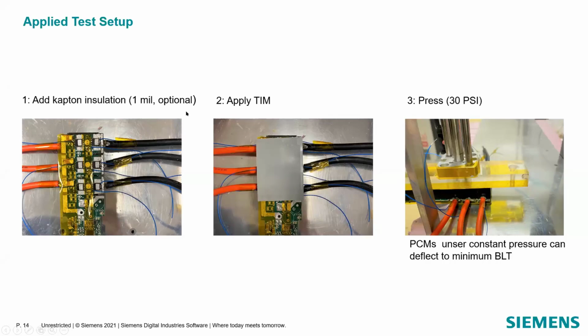This was again optional depending on what type of material was used. Then we applied the TIM basically on the board and connected the board through the TIM to a liquid cooled heatsink. In each case, we applied 30 psi pressure, basically bringing down the materials to the minimum BLT.